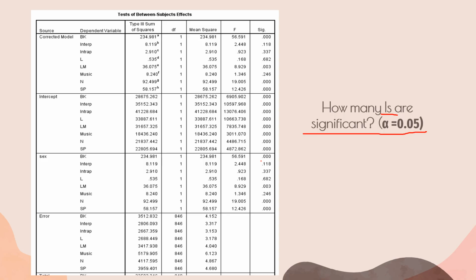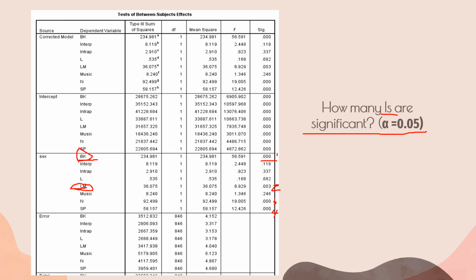And this one, BK is significant. That's the one here, that's the 2 here, 3 and 4. Very good. Smart male. So BK is significant.